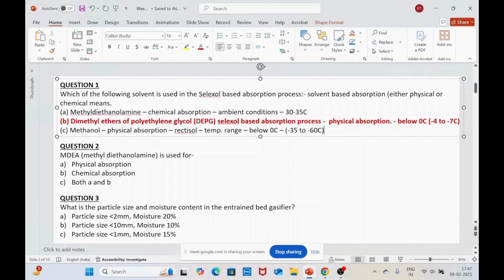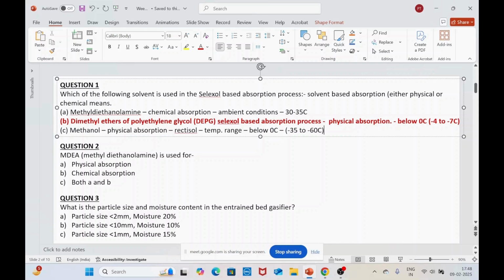Among all three, all the three processes are good in concentrating your H2S. Of course, they vary by slight percentages, but H2S gets absorbed up to 98 to 98.5 percent in all the three cases.